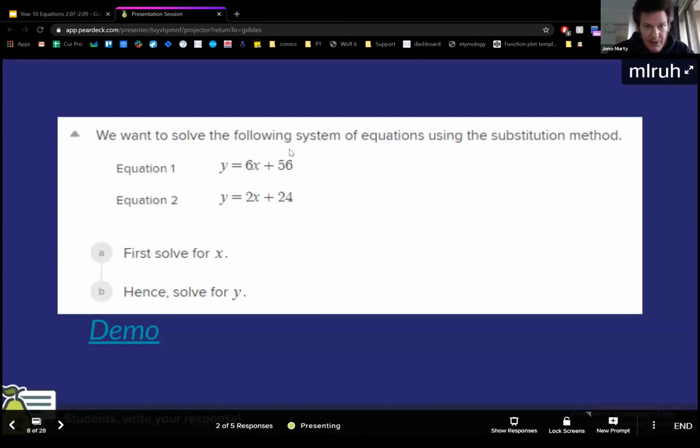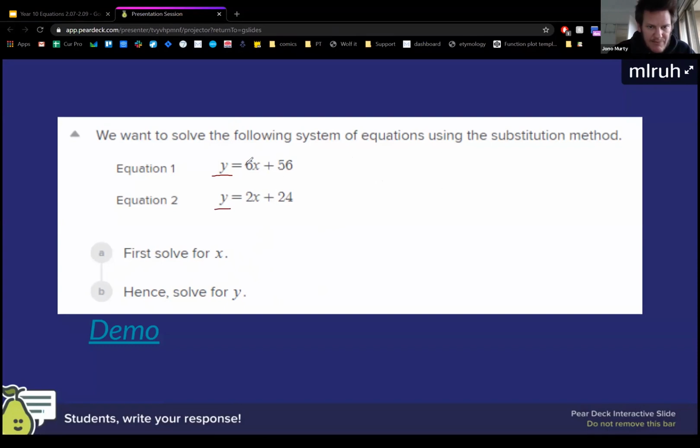So, the first thing you'll notice is that in both equations we have something in terms of x and a constant term being related to y. So we know that y equals 6x plus 56, but we also know that y equals 2x plus 24, then this must equal this.